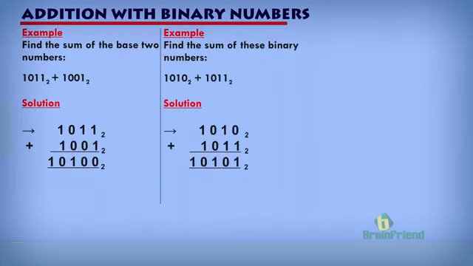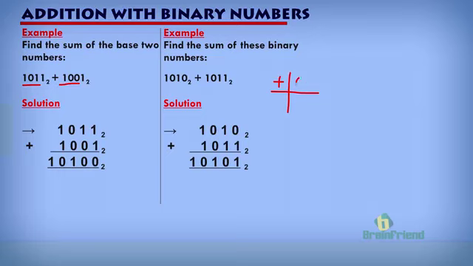Now we'll carry out some examples so that we better understand how to add using binary numbers. If we were asked to find the sum of these base 2 numbers, 1011 base 2 plus 1001 base 2, how do we go about adding them up? Before we go ahead, to remind ourselves of the 4 rules that we just saw, we can quickly write somewhere here.